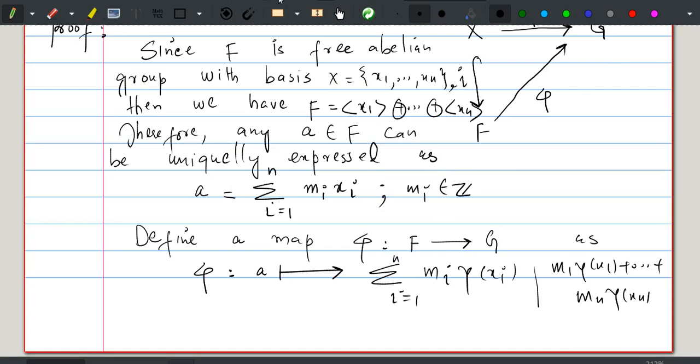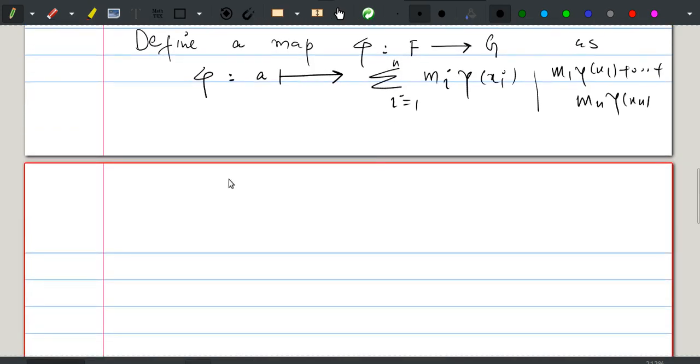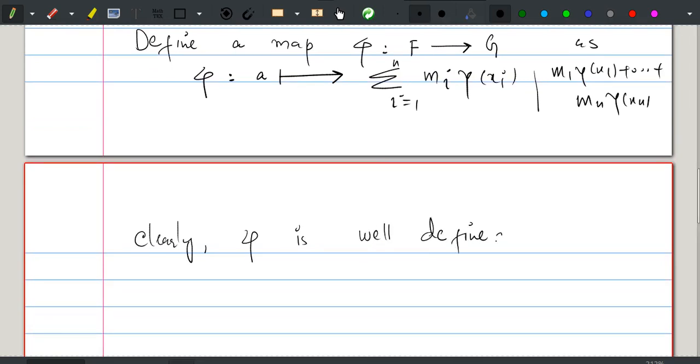So to prove phi is well defined, we had to prove that if we take a equal to b, then phi of a is the same as phi of b.